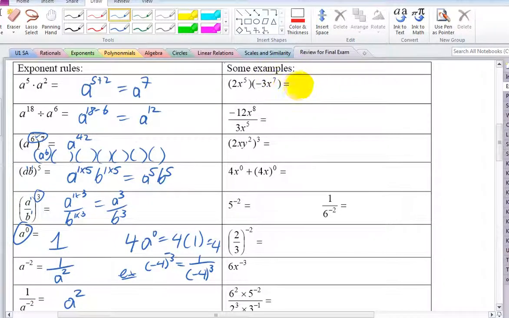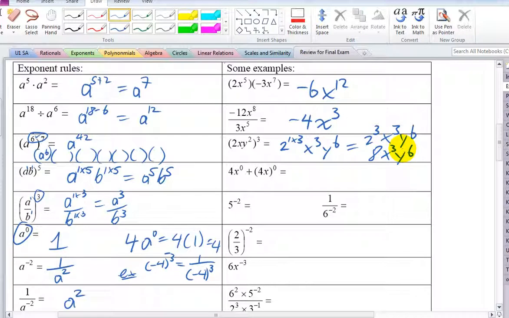Okay. So here we're multiplying. Get negative 6x 12. Add your exponents. Divide and get negative 4. Subtract your exponents. You get x3. Here, 1 times 3, x cubed, y 6. So it's going to be 2 cubed, x cubed, y 6, 8x cubed, y 6. Final answer.